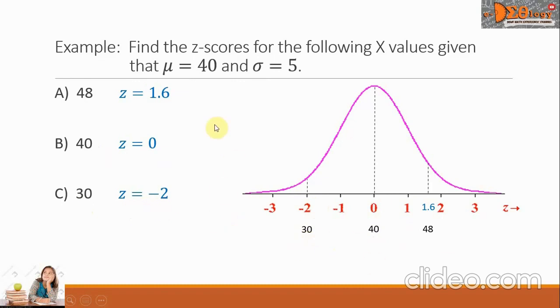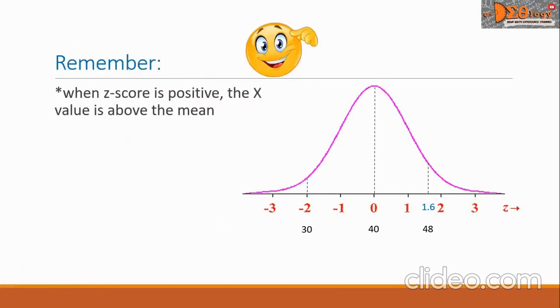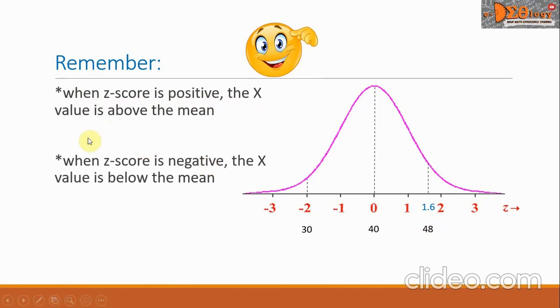With the figure here and with this example, we can deduce some conclusions. So let us remember, when the z-score is positive, the x value is above the mean, just like with the number 48. When the z-score is negative, the x value is below the mean.